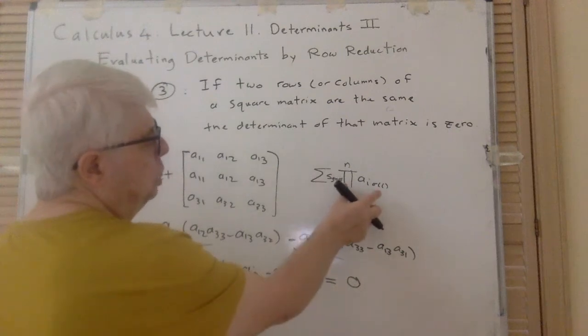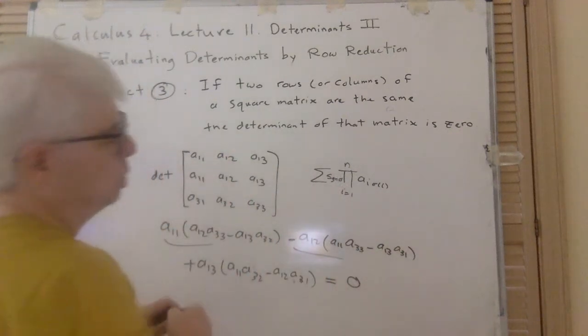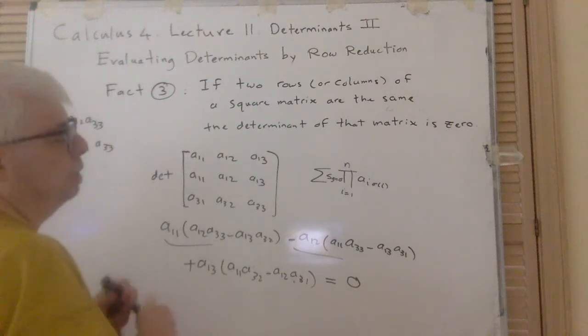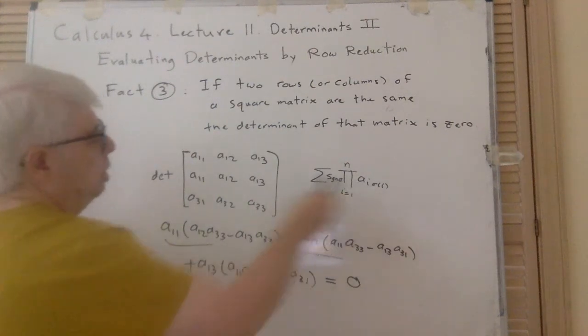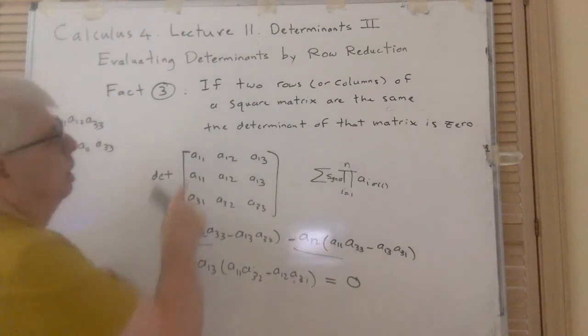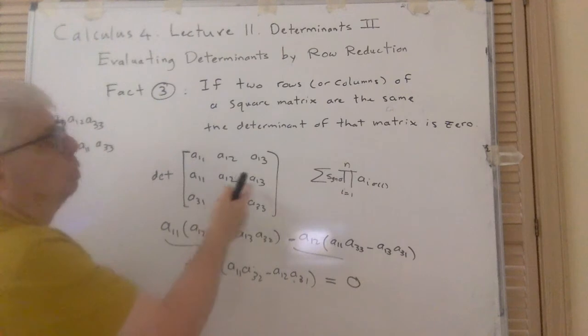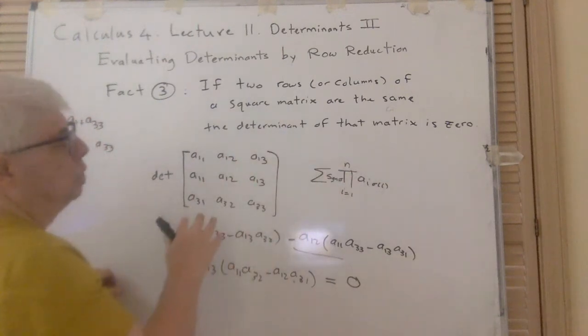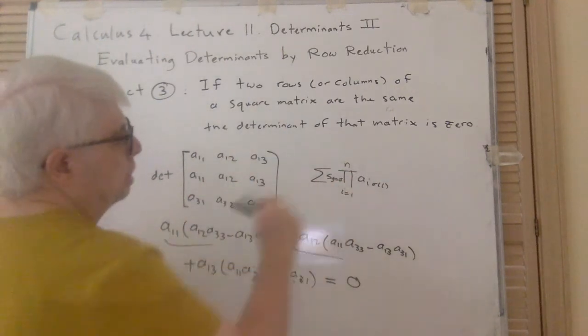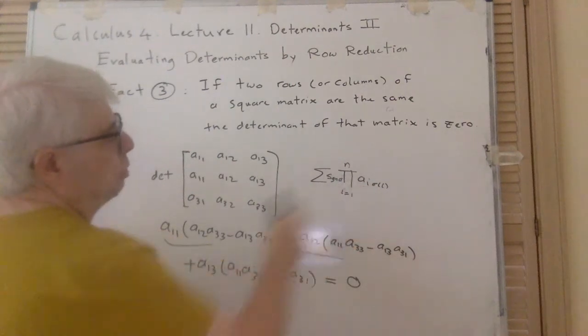So each term here is a product of entries of the matrix, and it takes one from each row. And if it takes this one, it won't take this one. So if it is this one, then the other one should be this one, or maybe this one, or maybe the other one. So the second index is not like the first index.